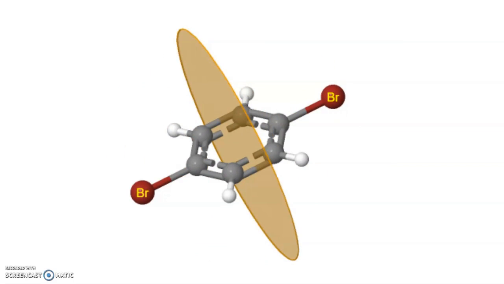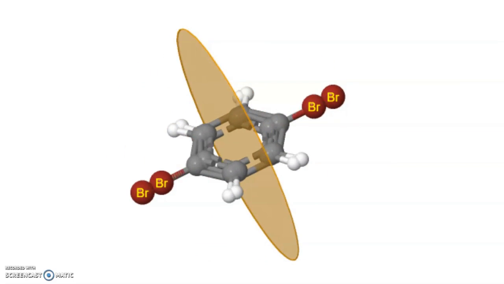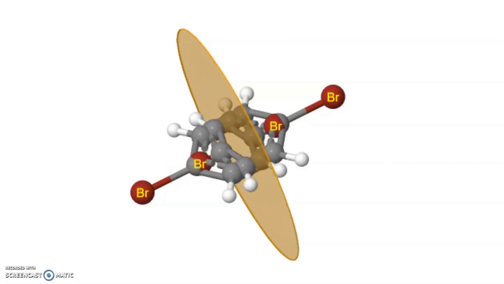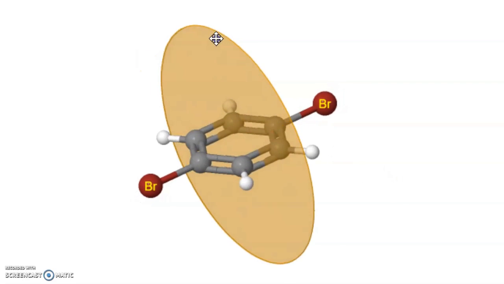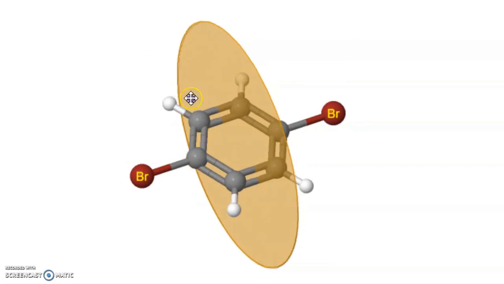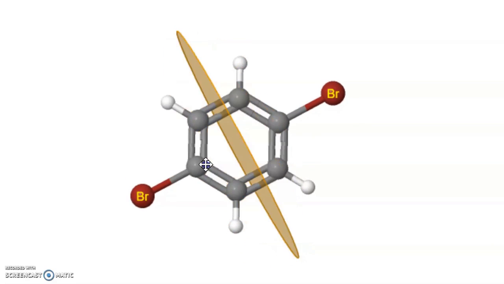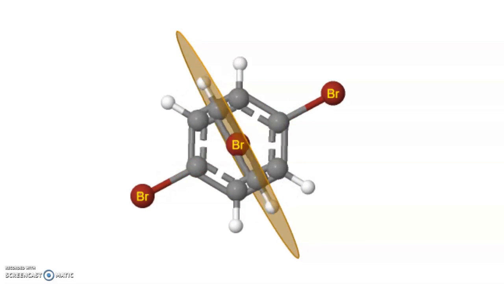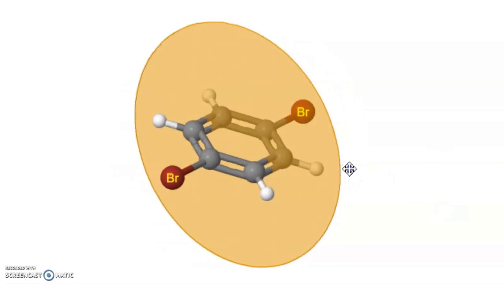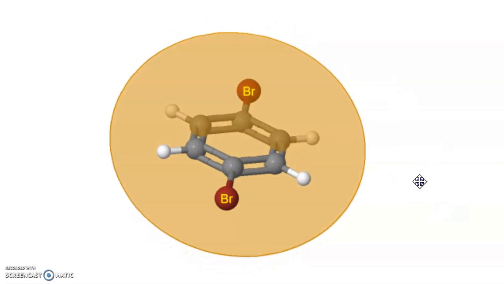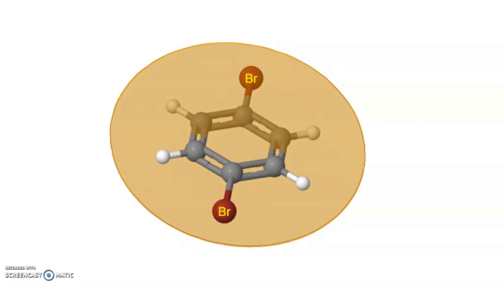If we reflect the molecule through this plane, the resulting orientation becomes indistinguishable from the original one. In this case, what we did is reflect the molecule instead of rotating it, and this reflection also leads to an indistinguishable configuration, and hence this operation can also be regarded as a symmetry operation.